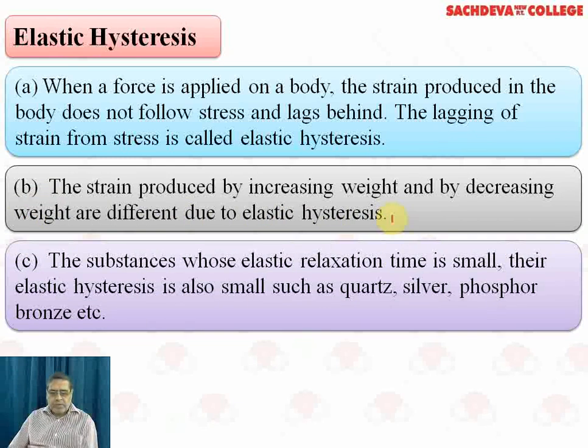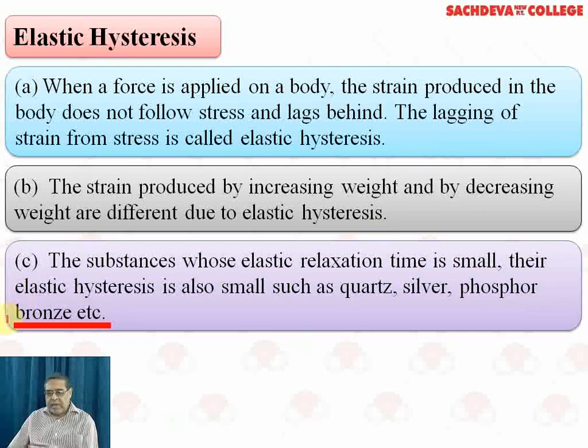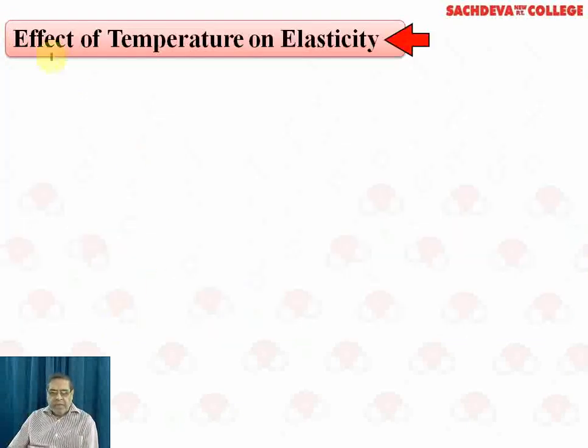Next point: substances whose elastic relaxation time is small have small elastic hysteresis too, such as quartz, silver, phosphor bronze, but not rubber. That's why they are more elastic bodies. Effect of temperature on elasticity.